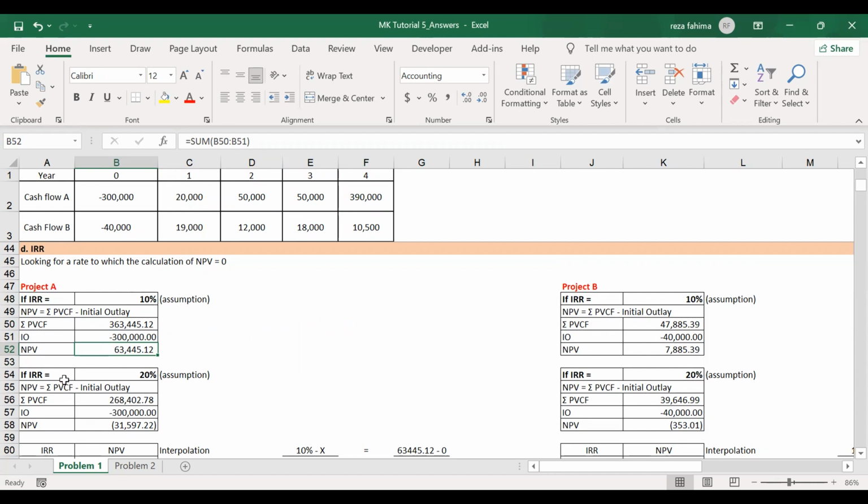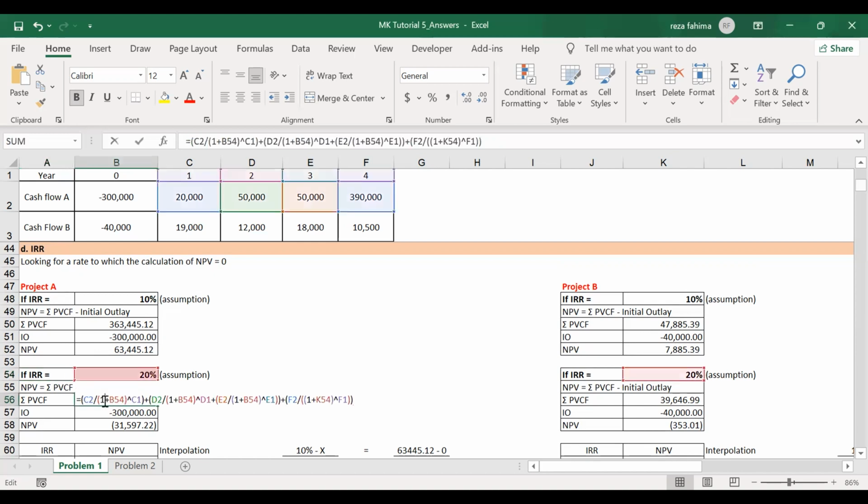And then we're going to do the same with the second assumption for project A, which is we assume that the IRR is 20%. So we have to calculate the PVCF and the NPV at the end using this 20% as the discount rate.